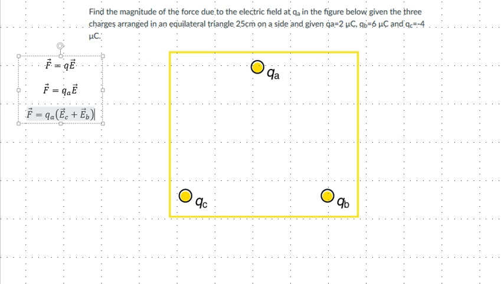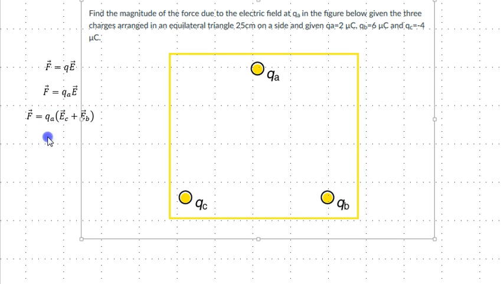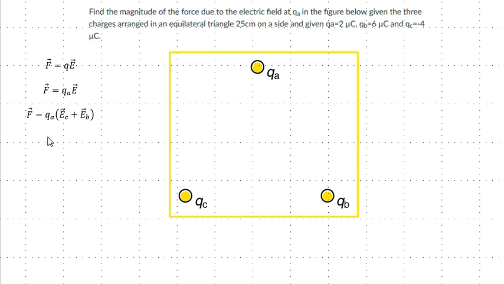All right, so we're going to have to add those two together. This is a vector problem. We're going to have to add those two vectors together to get the total force. And then once we have the total force, we're going to take the magnitude. We're going to get the magnitude from the Pythagorean theorem, calculate the hypotenuse of this vector.